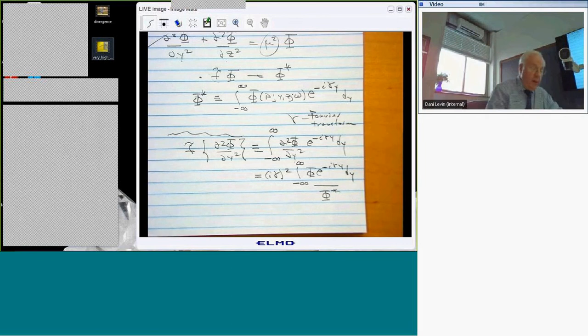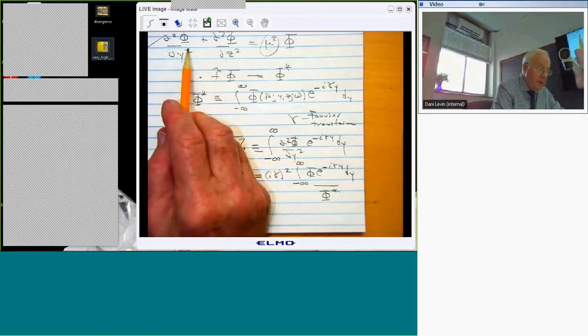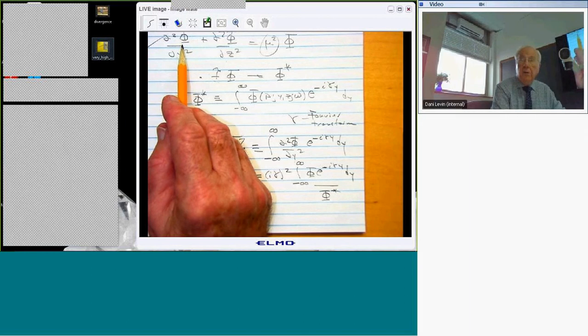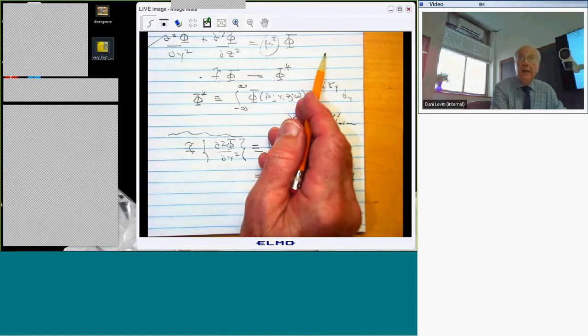Okay, so what does that do? Well, all that does is I've now got phi star here, but times i gamma squared, otherwise known as minus gamma squared. I take that on the right-hand side and collect terms.